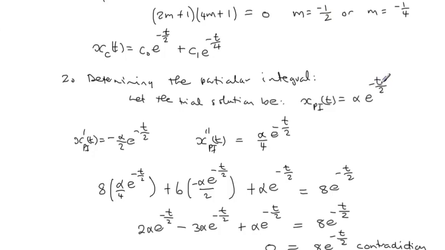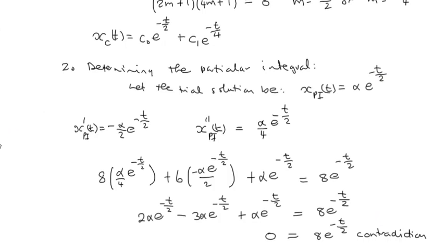So always when a factor appears as a zero and also appears as the scaling factor for the exponential function, we are always going to get this contradiction.